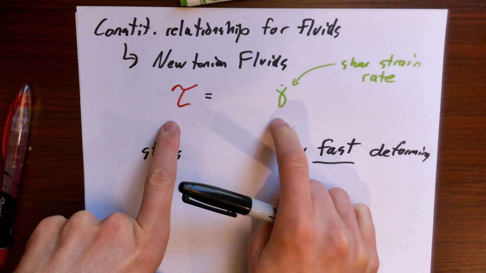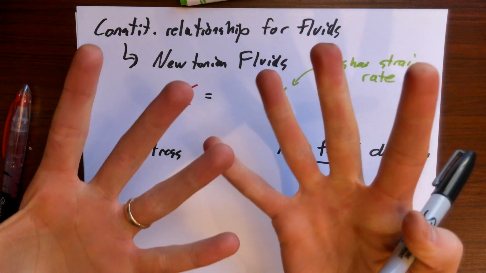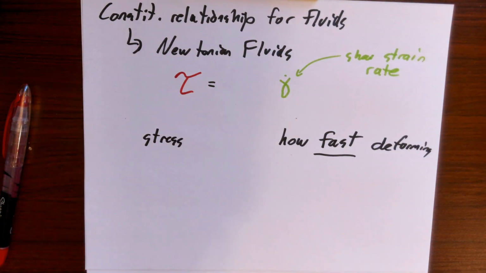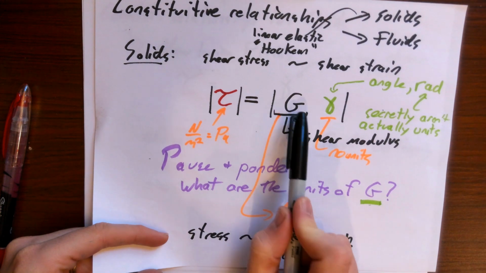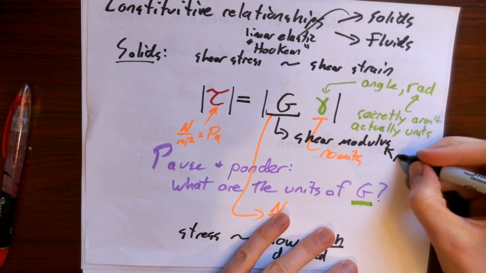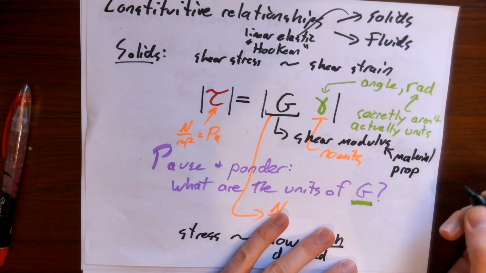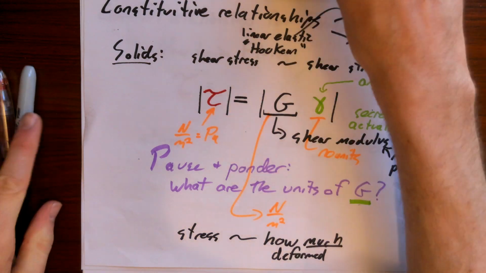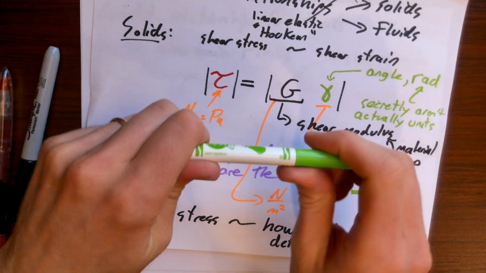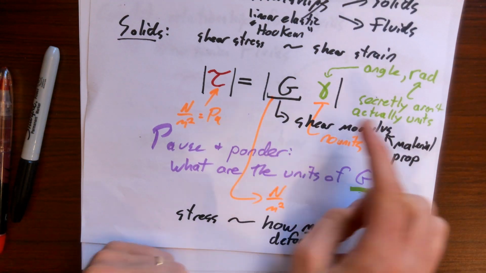But it's not just that shear stress is equal to shear strain rate. We need to include a proportionality constant between the two. For solids, this proportionality constant was the shear modulus, and the shear modulus is a material property. Rubber bands have one shear modulus, a marker has a different modulus, and steel has yet a different shear modulus.